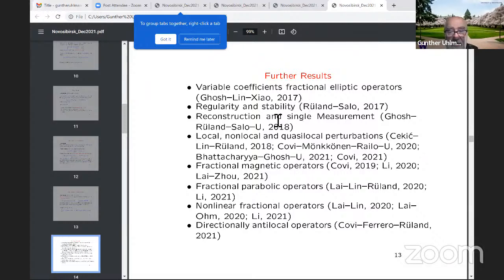Regularity and stability. You can also take one single measurement, non-local and local perturbations, and many, many results: magnetic operators, parabolic, fractional parabolic, nonlinear fractional operators, and some modification of the fractional Laplacian in some directions.